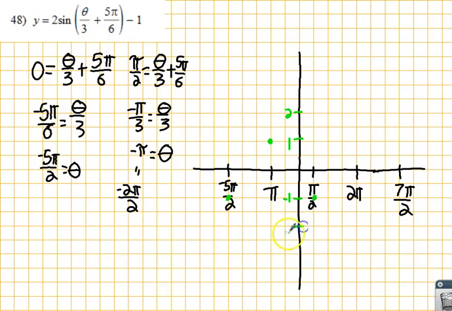Multiply that by 2, get negative 2. Subtract 1, I get negative 3, all the way down here. And then boom, and connect your dots. Sound effects optional. There you go. There is my graph of the sine.